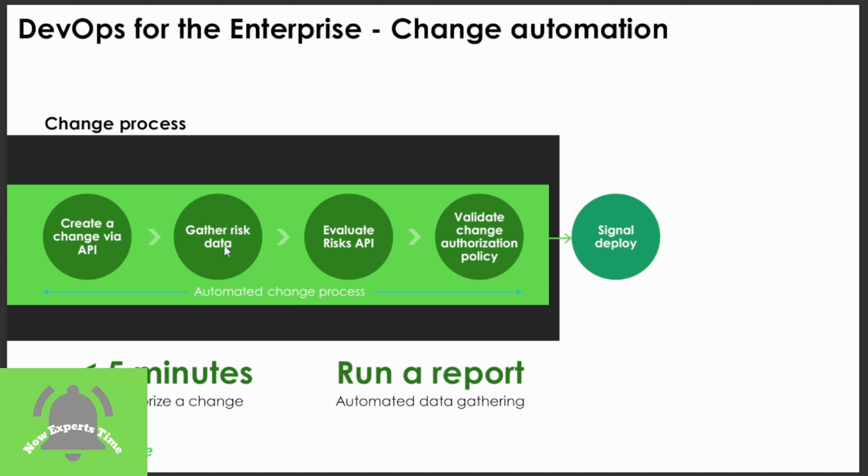In parallel, that risk will be evaluated in the API itself. If the risk is manageable, if the risk is controllable, then validate your change authorization policy, and finally it will deploy the change. All these items are doable in less than 5 minutes to authorize this change in your business environment. That is the beauty of this solution.